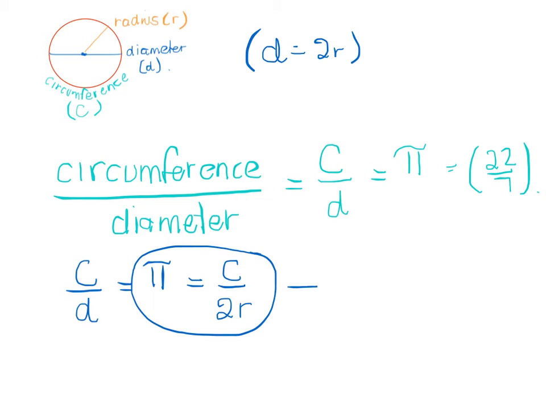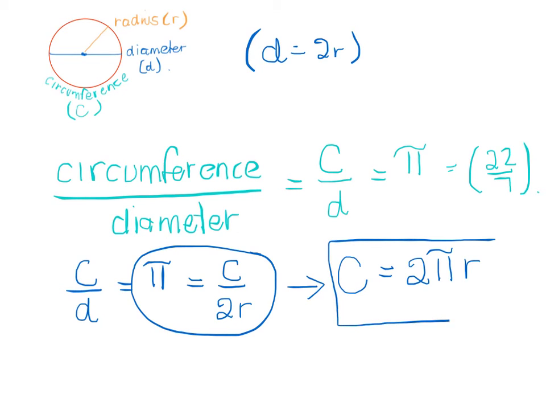Now this is then transposed, and we're not teaching you transposing, but it's now transposed to give us a really important formula in mathematics, which is that circumference of a circle is equal to 2 times pi times r. So there we have the formula for the circumference of a circle.